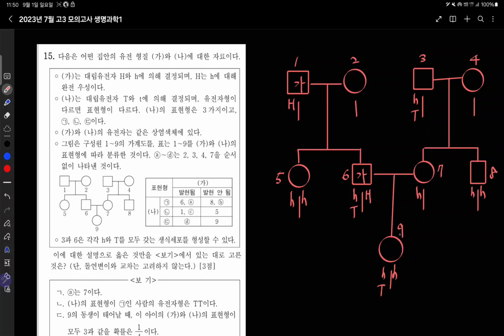And because number 9 has at least one capital T allele, the third phenotype for the second trait should have one capital T allele.